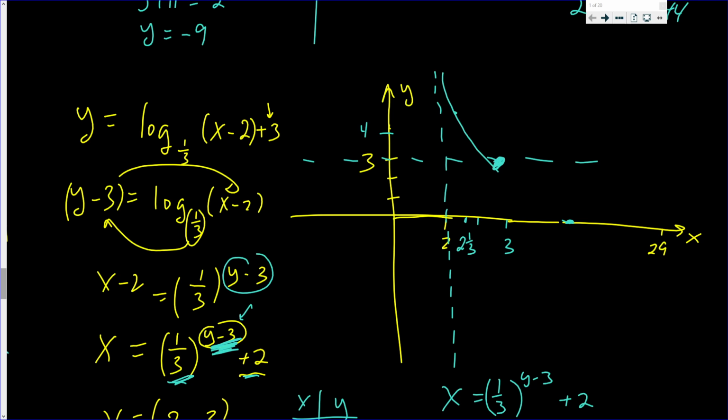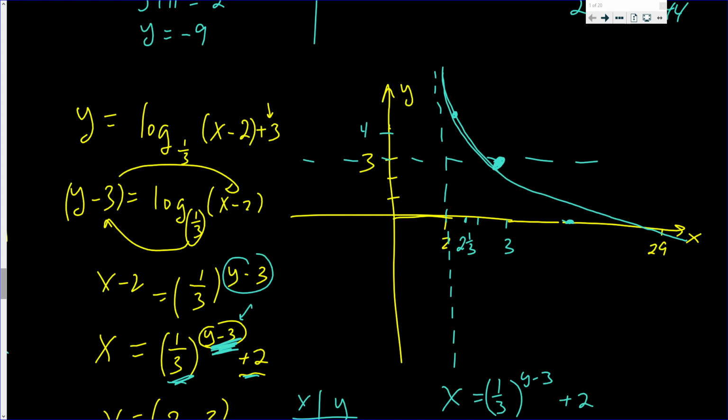So, no big deal. I can still cross these 2 points, get closer and closer to the y-axis, and I'll cross at 29. Not a big issue.